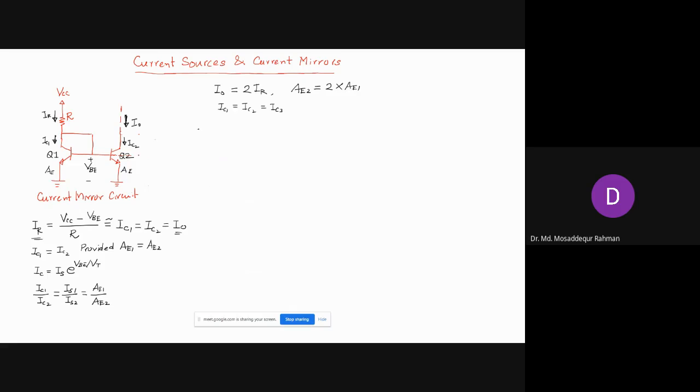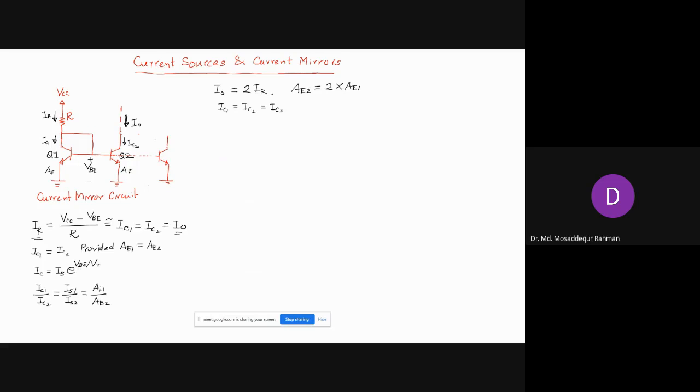And that is very useful when we have a multi-stage amplifier. Usually in integrated circuits, we have many stages, right? And so that becomes very useful.